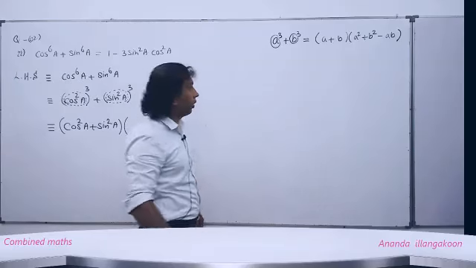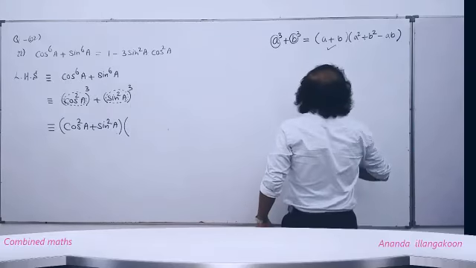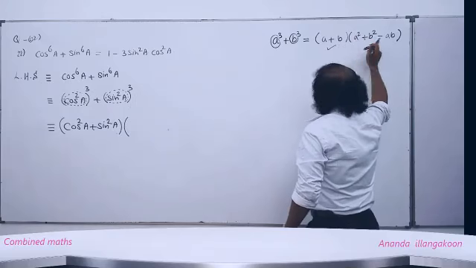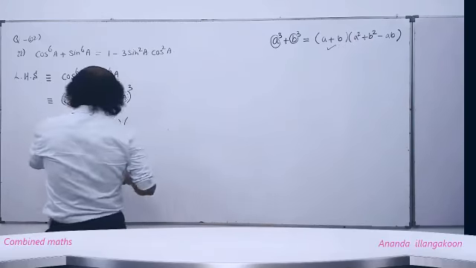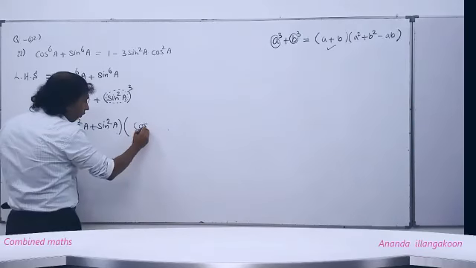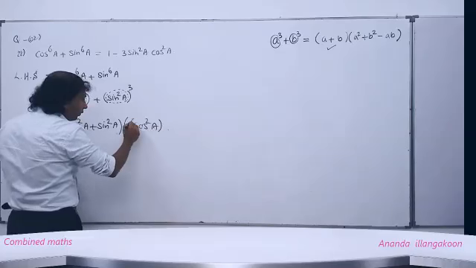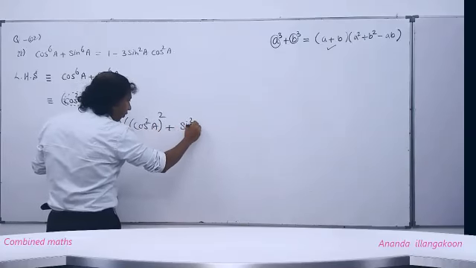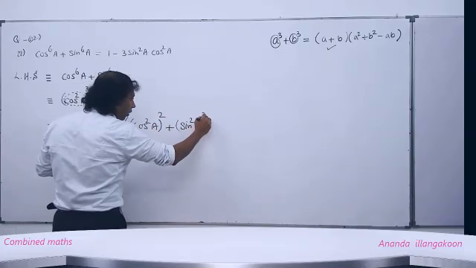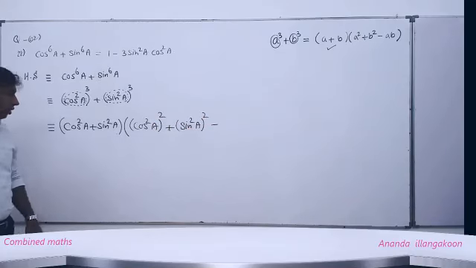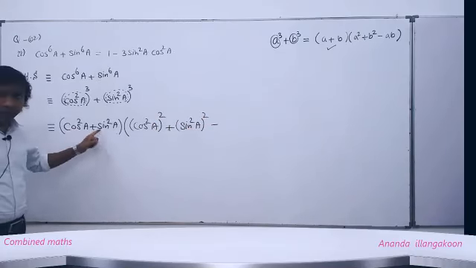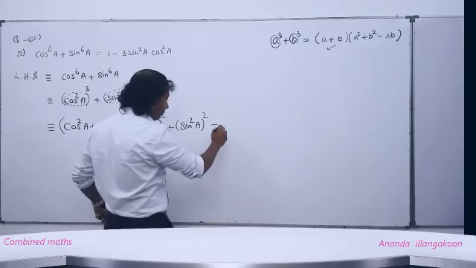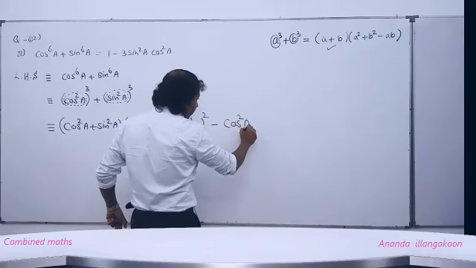This factor is okay. Then to get the second factor, square this, cos squared A squared, plus sin squared A squared, and minus what, people? This multiplied by this, cos squared A sin squared A.